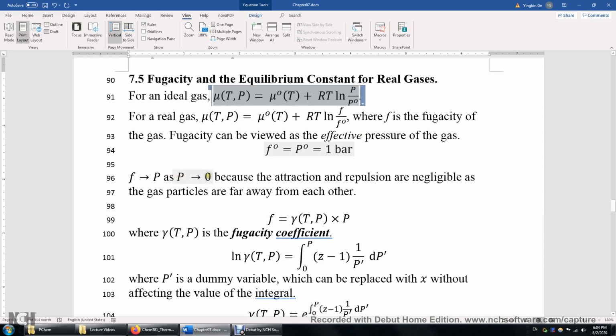When P approaches zero, the pressure is low, then the fugacity approaches pressure. Because when pressure approaches zero, usually we have a very large molar volume, the distance between molecules is very large, and therefore the attraction and repulsion become negligible.